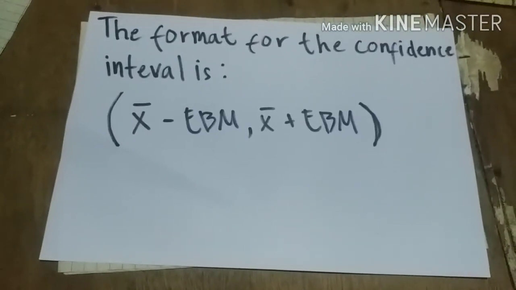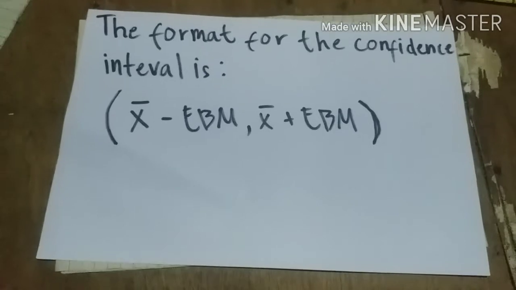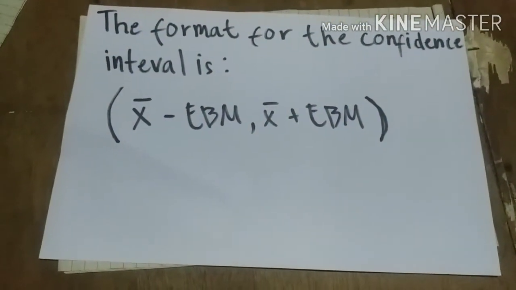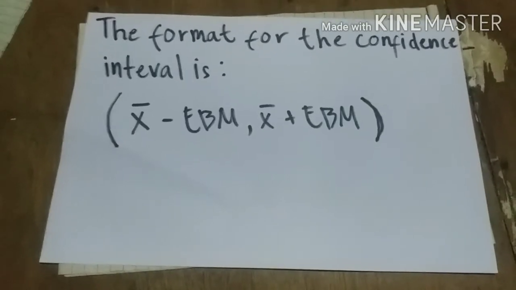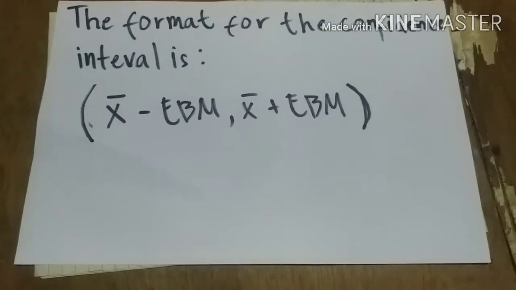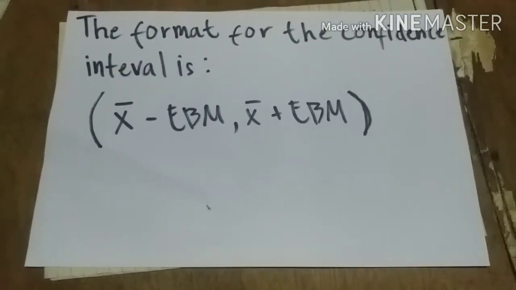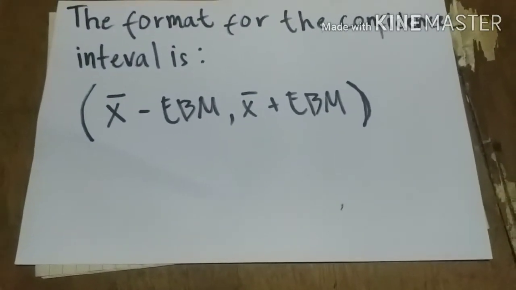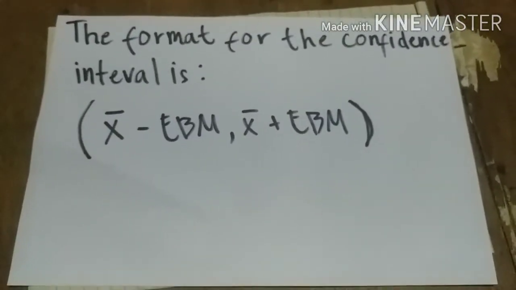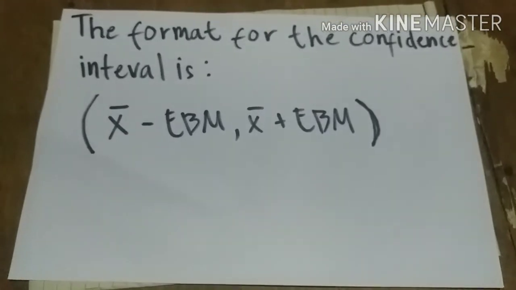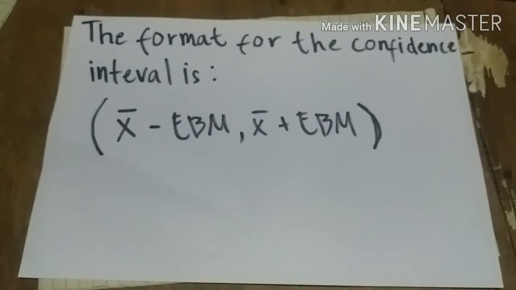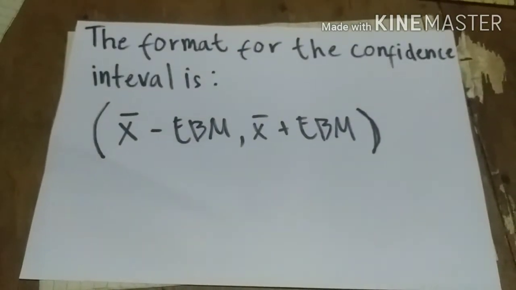So, para makuha yung confidence interval, you need to subtract the sample mean minus the EBM, and you need to add it by using x bar plus EBM. So, mamaya ipapakita ko kung paano ba makuha yung confidence interval niya.